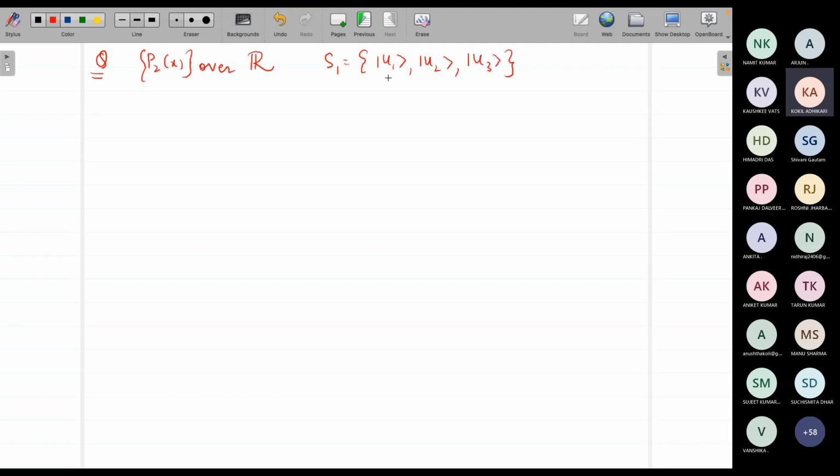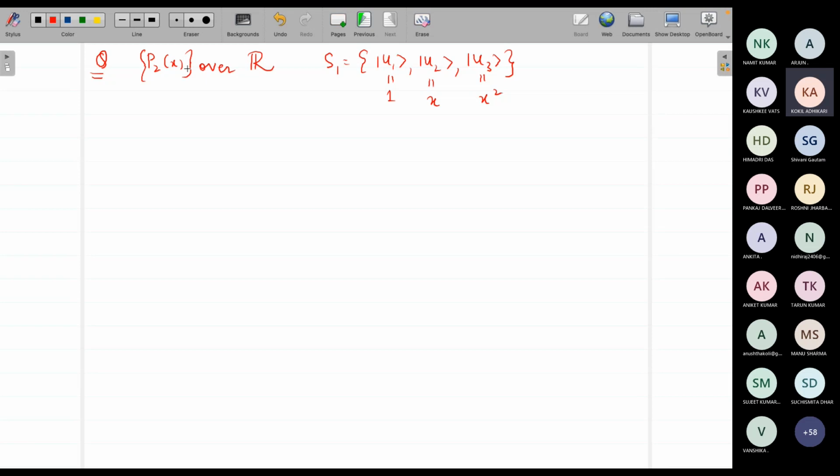I am going to take u1 equal to 1. It's a polynomial space, so I can choose my basis vectors. Will 1, x and x squared form a basis for this polynomial space? Yes. One thing, please notice that whenever I am not giving you some special vector addition or special scalar multiplication, it is always the usual one.